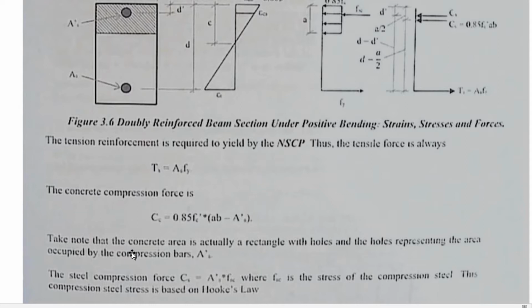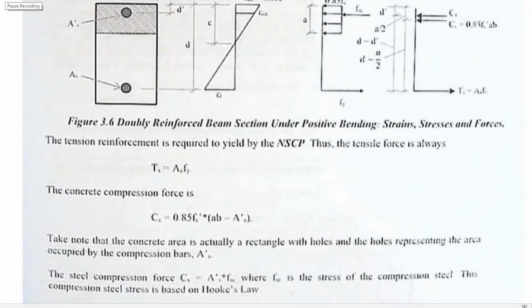Take note that the concrete area is actually a rectangle with holes, and the holes representing the area occupied by the compression bars A's. So, dito, tinanggal natin ngayon yung area ng compression steel. This is for your Cc.